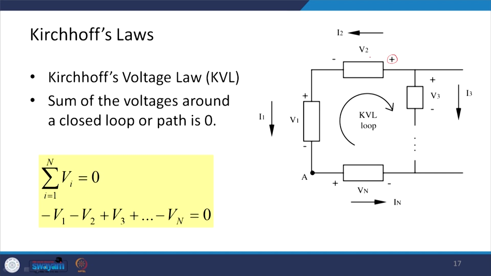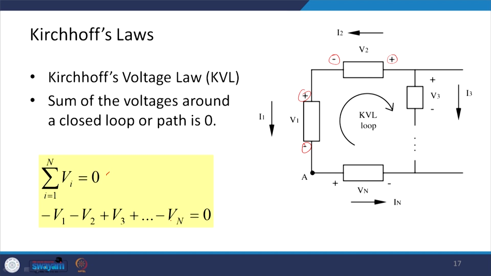So, we have a positive here, negative here, there is a drop of voltage across these elements in the direction of current, and we can form a loop through all these components. Okay. And then we can write Kirchhoff's voltage law, which says that the sum of the voltages across a closed loop or path is 0. Okay. So, if we have n components here, then sigma Vi from 1 to n is equal to 0.